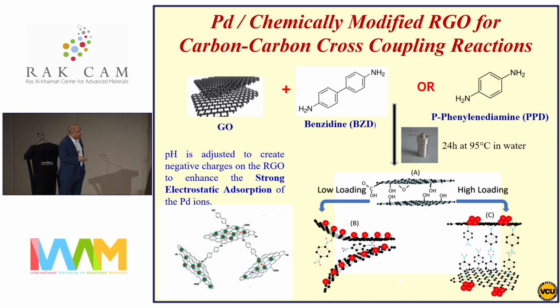But if you increase the loading of the diamine or benzidine, you end up separating the layers much more, and in this case, you form much larger palladium particles. In the case where you are not separating the layers much, the particles are really small.